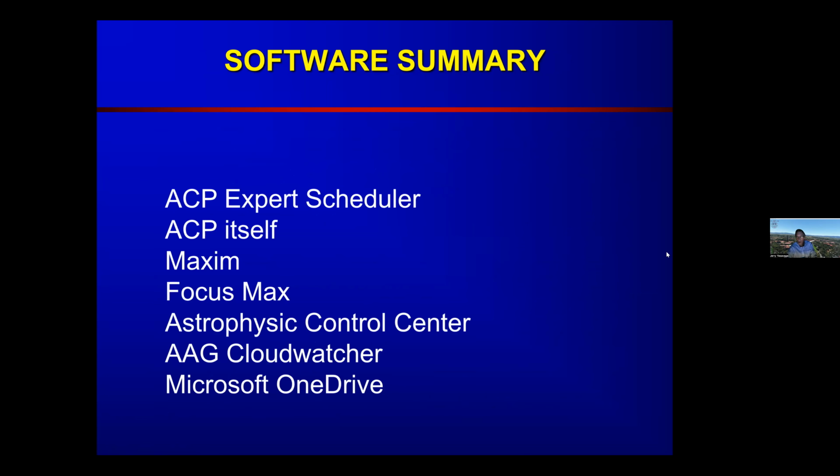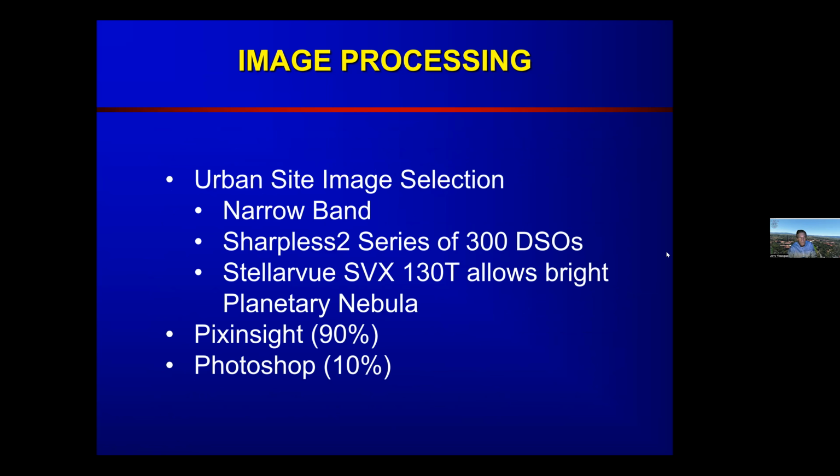And then the software summary. After I get all that stuff from Expert Schedule, ACP, Maxim, Focus Max, and all the rest of it, then it goes into OneDrive. And then the image processing. The important thing in the image selection is I focus on narrowband if I can, the Sharpless objects. The Stellarview also allows bright planetary nebulae.